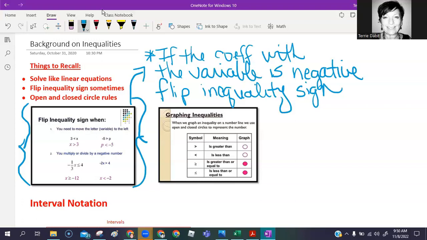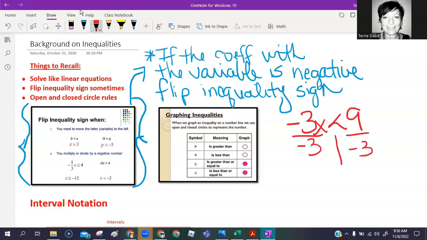A real simple one, we know about negative 3x is less than 9. Well, the coefficient in front of the variable is negative. So therefore, I am dividing by a negative, which means this sign right here is going to have to flip. So we flip the inequality when we multiply and divide by a negative number.